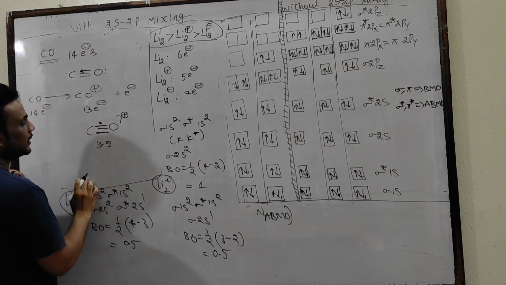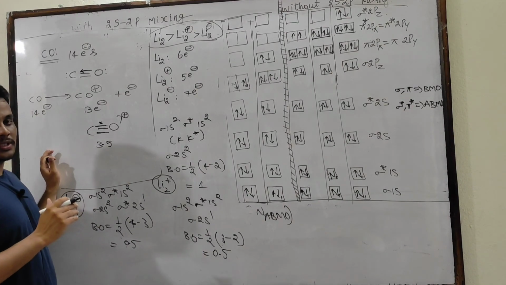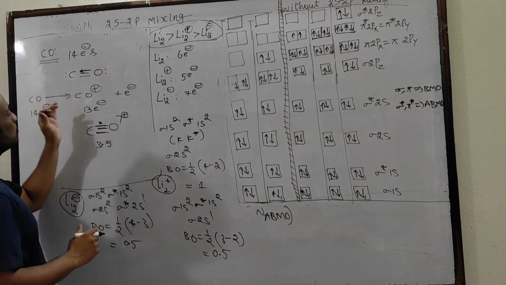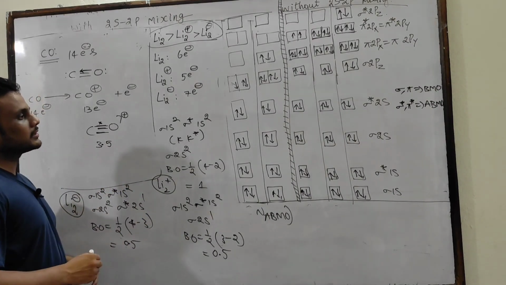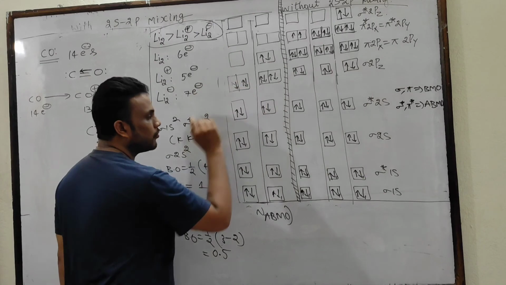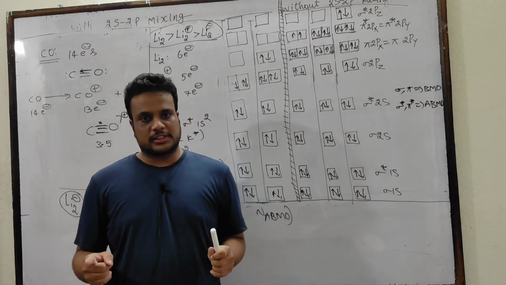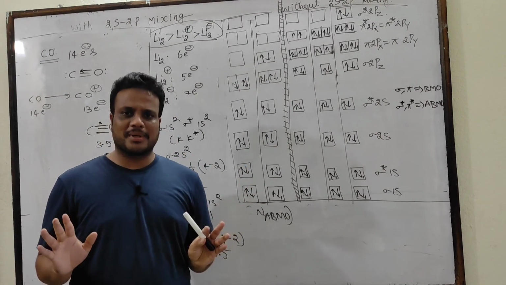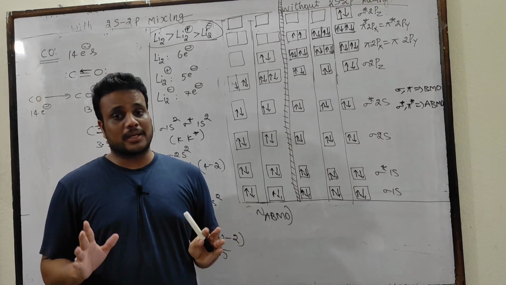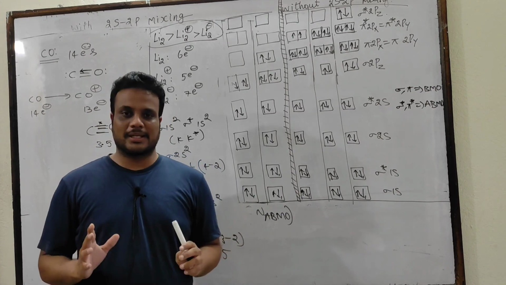Because of the presence of this electron between carbon and oxygen, the bond order changes from 3 to 3.5. The 3 bonds are already there, and this extra electron located between carbon and oxygen is also considered a half bond. So in this exceptional case, from carbon monoxide to CO plus, the bond order increases. In all remaining cases, when you remove an electron from BMO, like in CO and N2, the bond order always decreases. So this is almost complete information regarding molecular orbital theory and is very important for competitive examinations. Thank you.